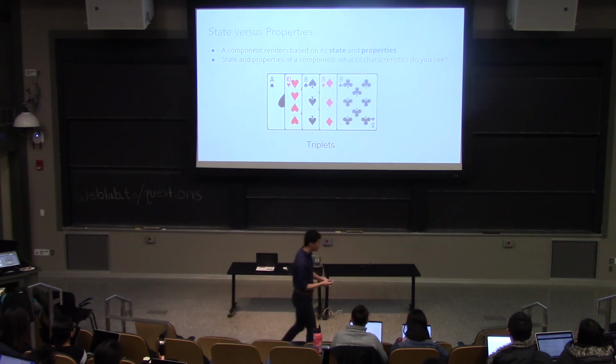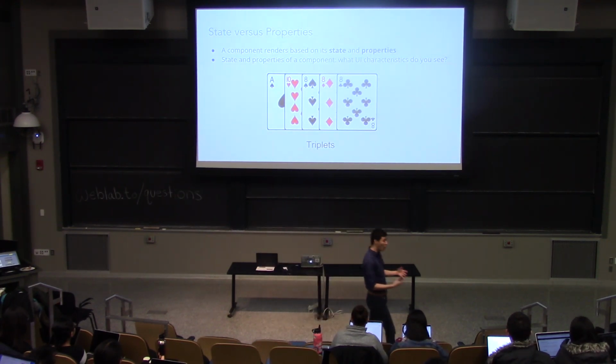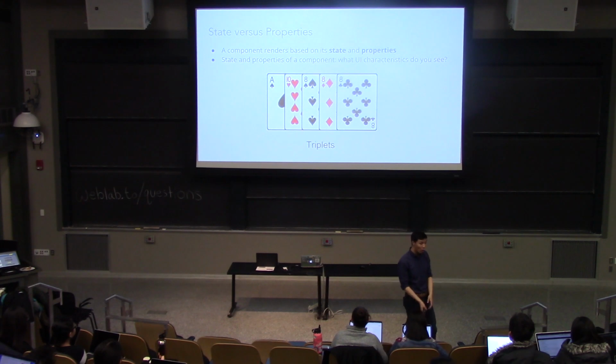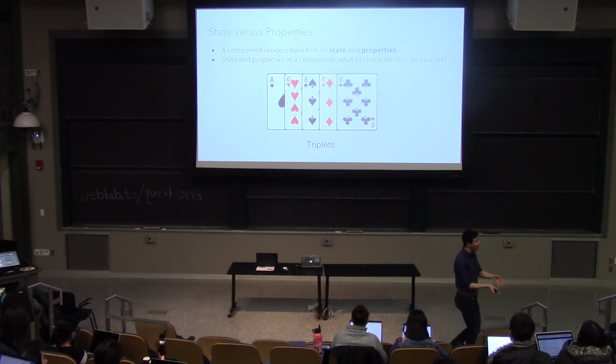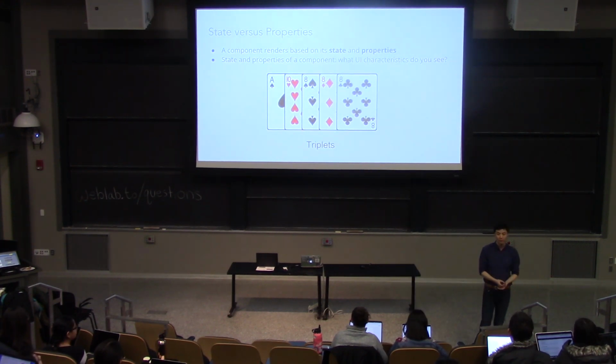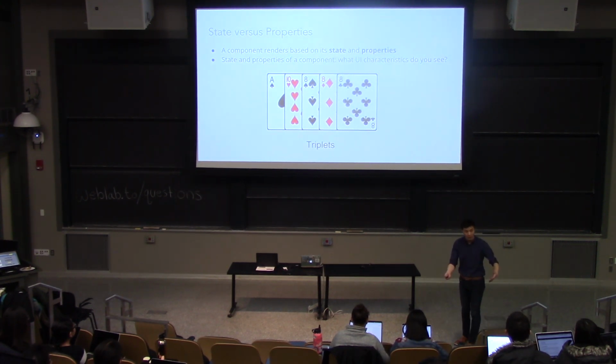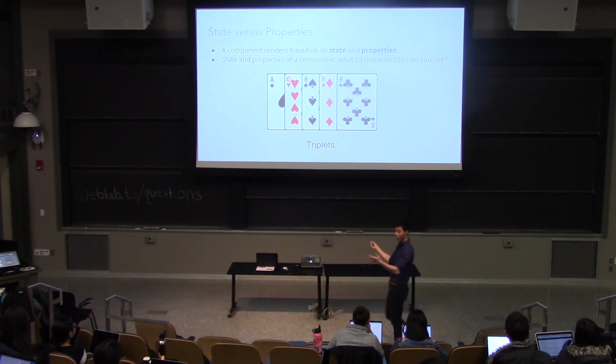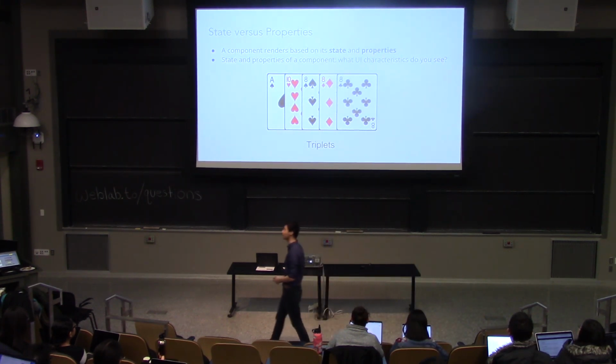So a component will render based on its own properties and its own state. These two things decide what it will ultimately look like. So in this case, we already went over this exercise. What do you guys see? You see some numbers, 8s and 10s and aces. And then we had the idea that it's a triplet, so that's also a characteristic. That's a state or a property.